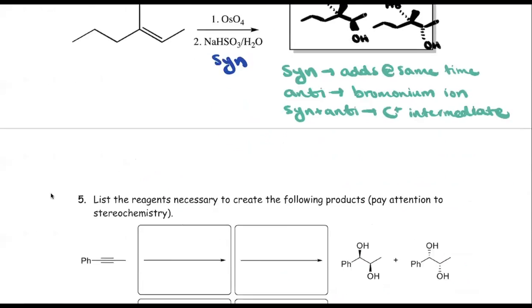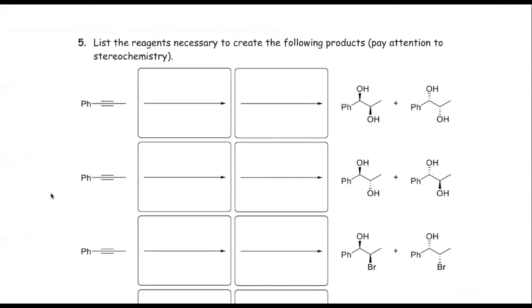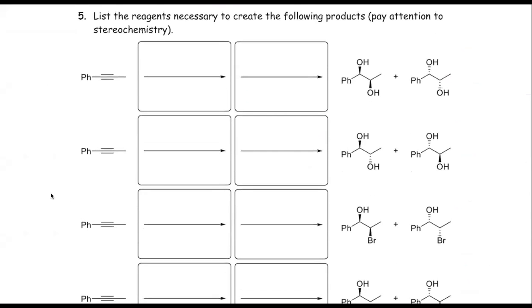Cool. All right, number 5. So this one is dealing with the ever so famous Falzone Sneaky and his little stereochem games that he likes to play with you guys. Now notice that for this one right here, we're ending up with alcohols on either side.